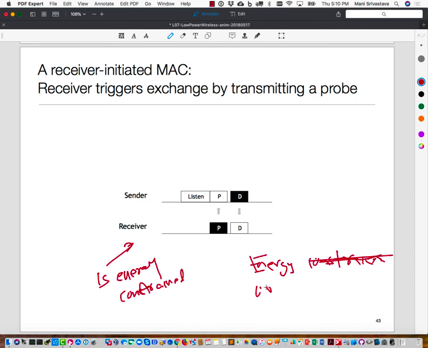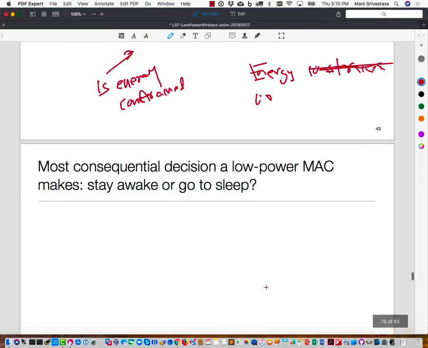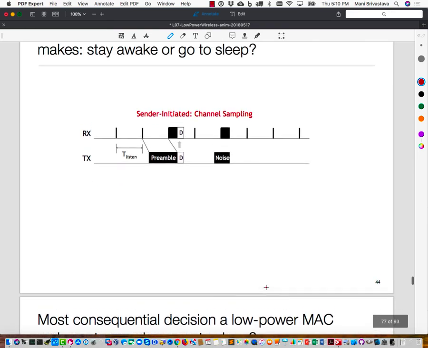The receiver makes the probe, the sender stays up, and then sends the data. So you could imagine a BLE-like system being structured in this particular manner. But again, they are not. So this is a theoretical exercise.